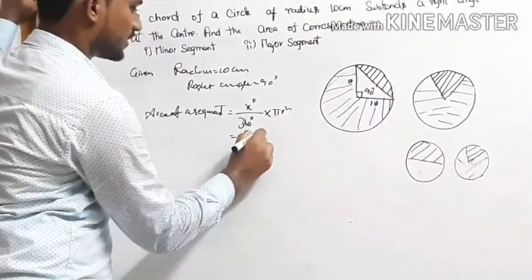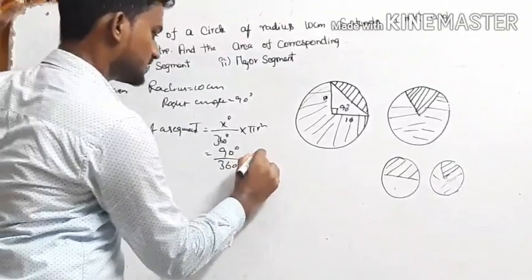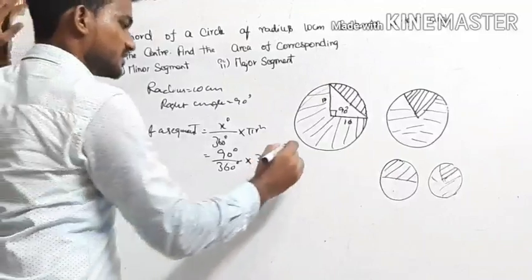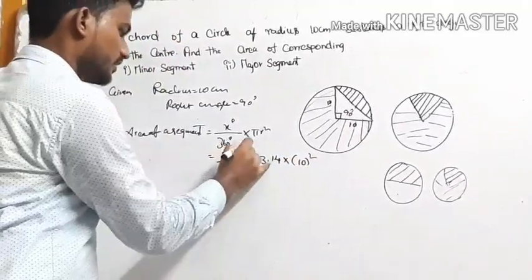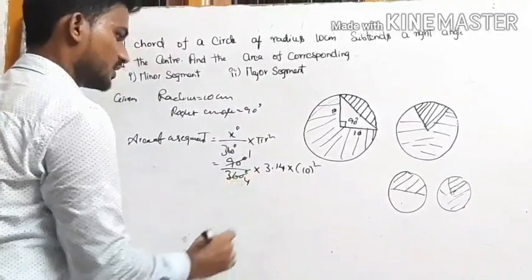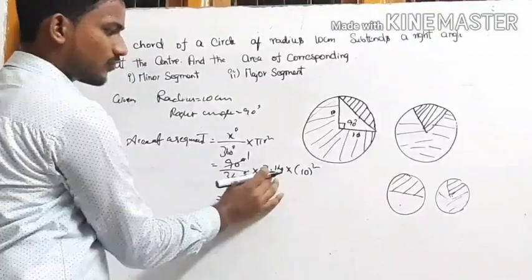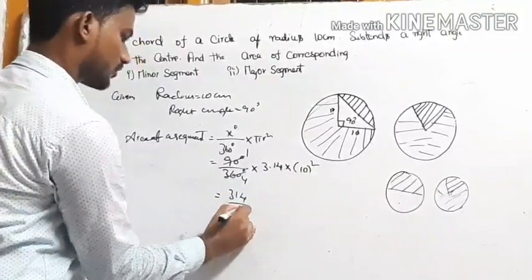So x is 90 degrees, 360 degrees into pi, that is 3.14, into r, the radius, that is 10 square. 90 by 360 is one fourth, then it is 100, that is 3.14 into 100, that is 314 by 4.